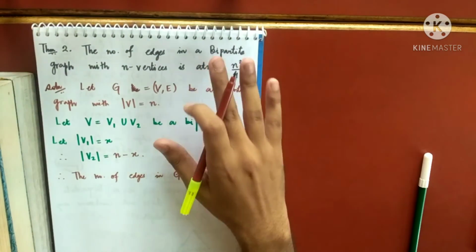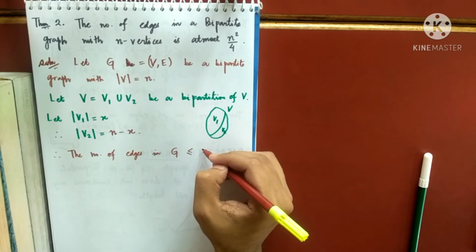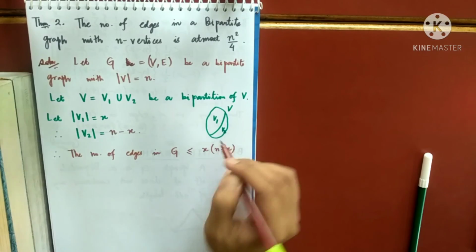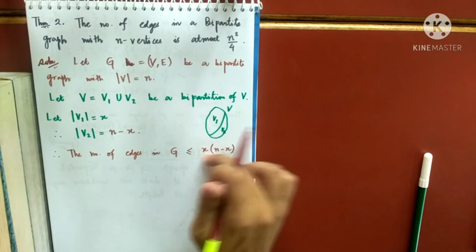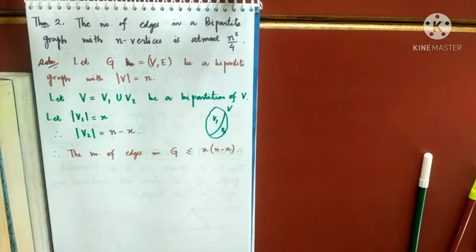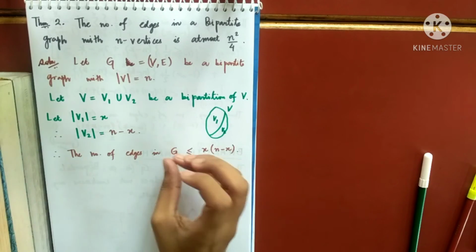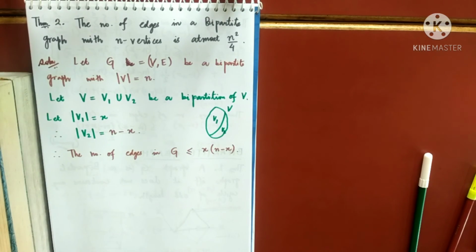If the graph is not complete, the number of edges will be less than or equal to this, but it cannot exceed this number, because the number of edges in a complete bipartite graph K(m,n) is m into n. So this concept I am using: the number of edges can be at most this. Did you get my point?